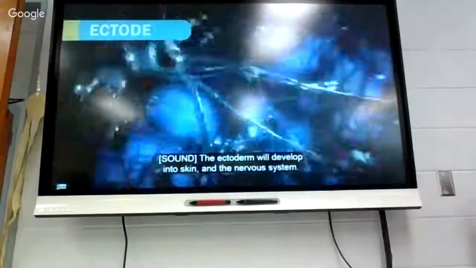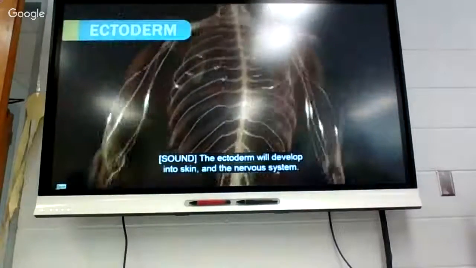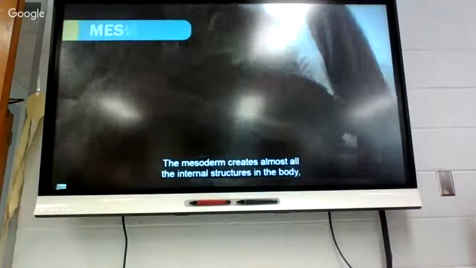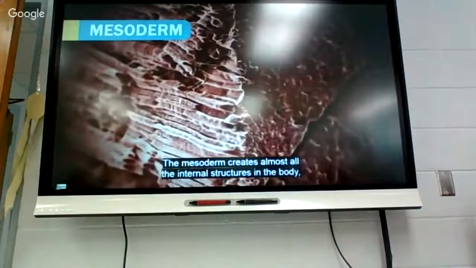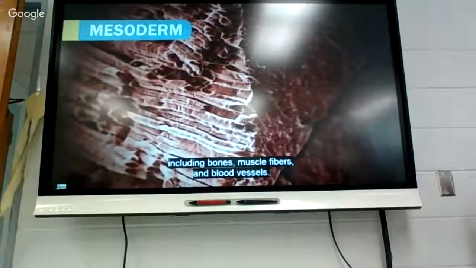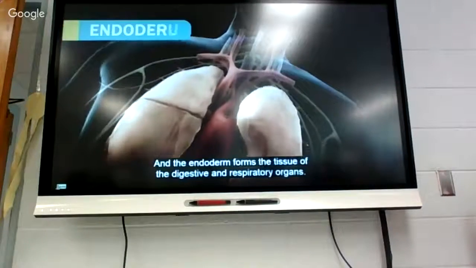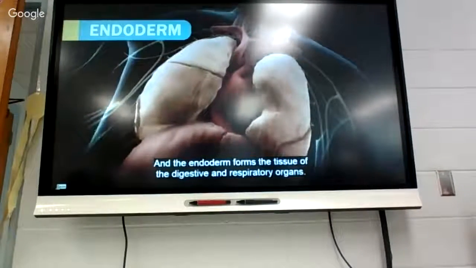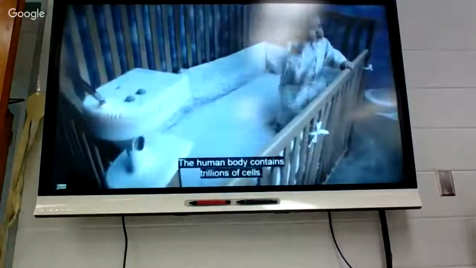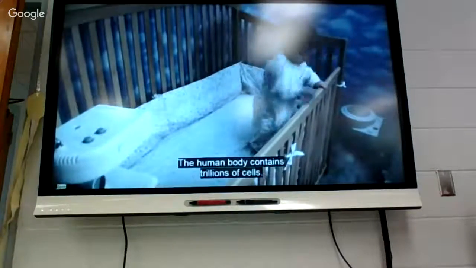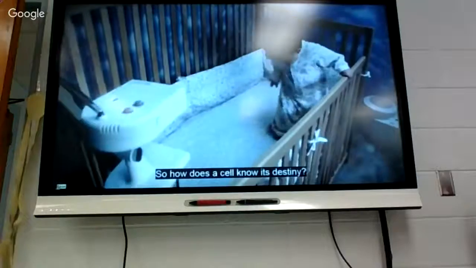The ectoderm will develop into skin and the nervous system. The mesoderm creates almost all the internal structures in the body, including bones, muscle fibers, and blood vessels. And the endoderm forms the tissue of the digestive and respiratory organs. The human body contains trillions of cells. So how does a cell know its destiny?